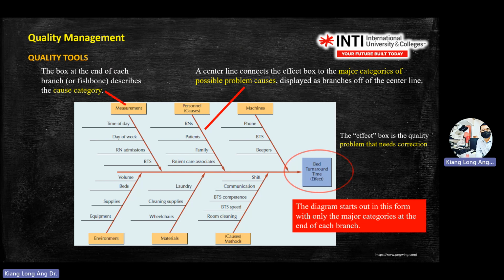Then they elaborate on this. So the measurement department will come out with more detailed reasons why the bed turnaround is so slow. For example, the measurement team says, oh, the BTS, the bed tracking system, has problems. Then the machine category also mentioned this one, and the rest are this one.